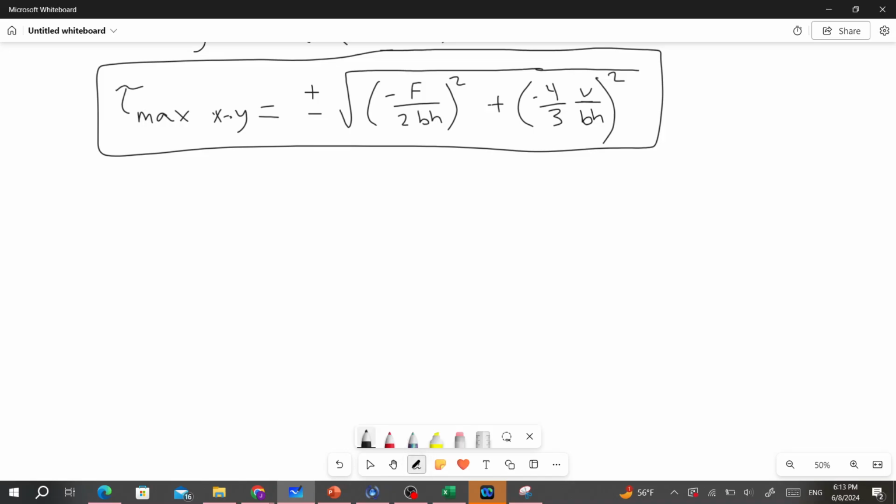And then to calculate the angle at which the max in-plane shear stress occurs, we have tan, this equation is in the lecture notes, tan 2 theta s, meaning the angle at which the maximum in-plane shear occurs, that's equal to negative sigma x minus sigma y divided by 2 all over tau xy.